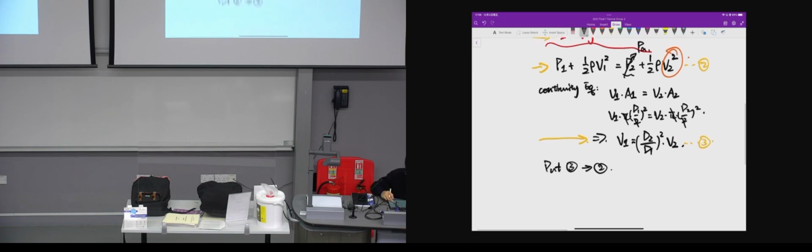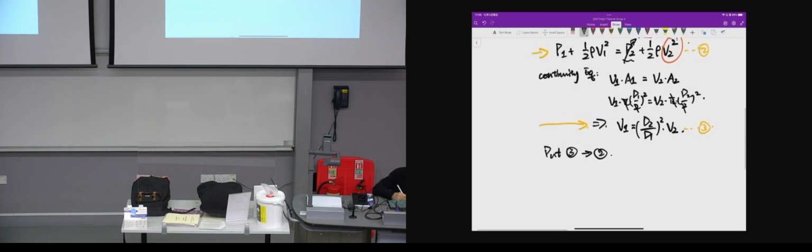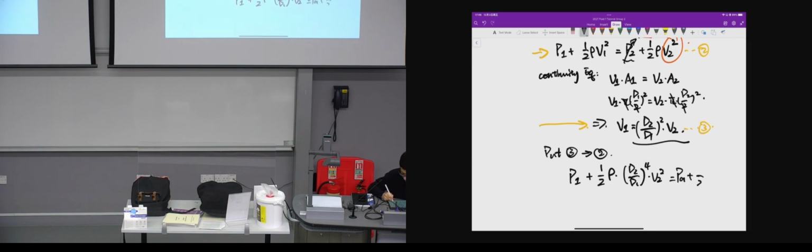All right, so we put 3 into 2. We replace V1 in equation 2. That gives us half rho times D2 over D1 squared, divided by 4... times V2 squared equals PA plus half rho V2 squared.